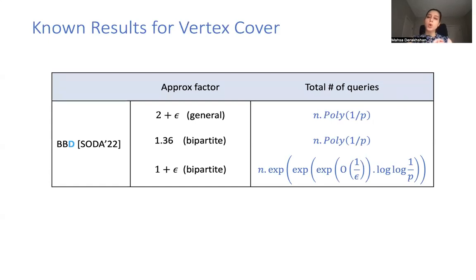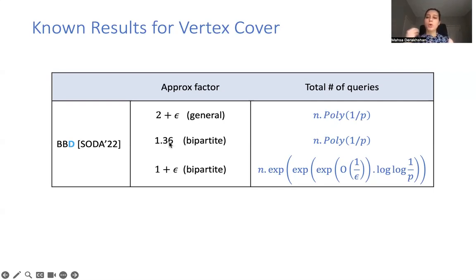Now, here are the known results for stochastic minimum vertex cover. We know that it is possible to get an almost 2 approximation using only n poly(1/p) queries. Here, p is the smallest p_e, the smallest probability over all the edges. Using the same number of queries, you can get a 1.36 approximation for bipartite graphs.